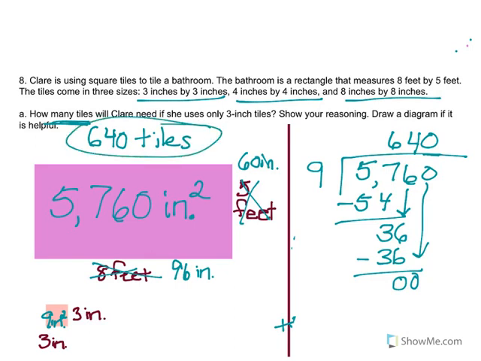Questions on part A. Okay, Brooks. Why would multiplying 40 by 12 not work? Because it's 40 square feet, and you're multiplying it by 12 regular inches.